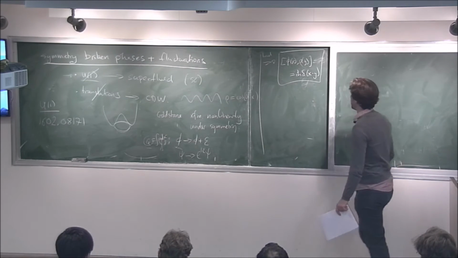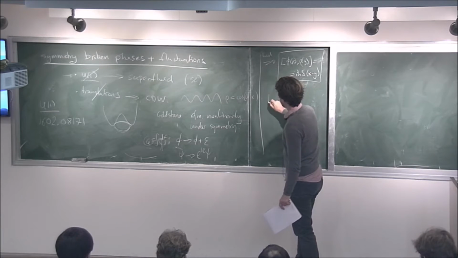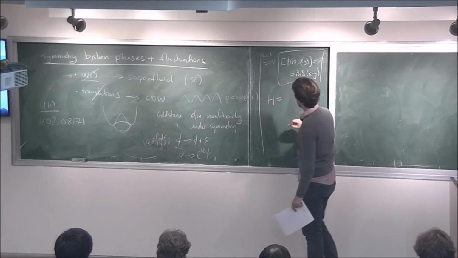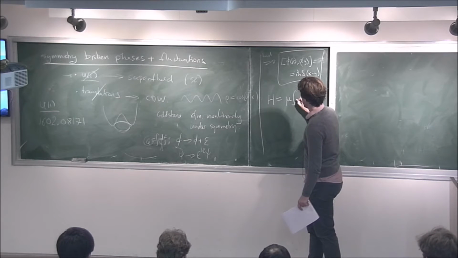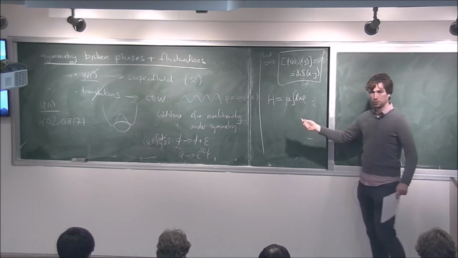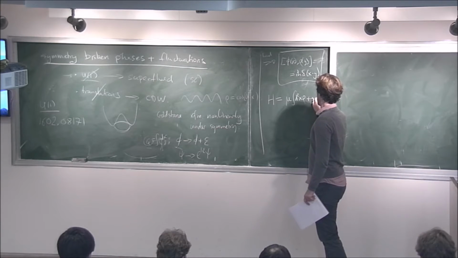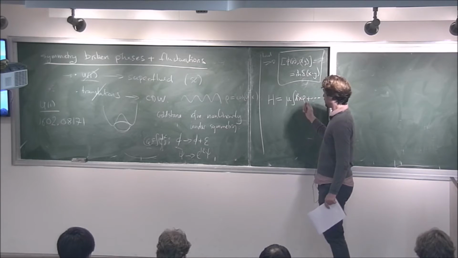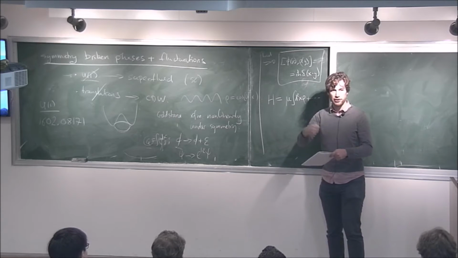So how do we do that? The Hamiltonian. Let's see. How does the charge enter in the Hamiltonian? There's a chemical potential times the total charge. So the chemical potential in equilibrium, and then there can be more terms. But the energy cost of changing the chemical potential is defined as the energy cost of changing the charge.